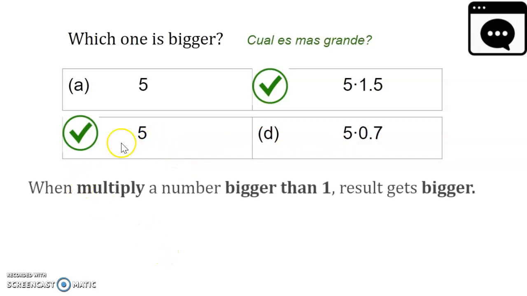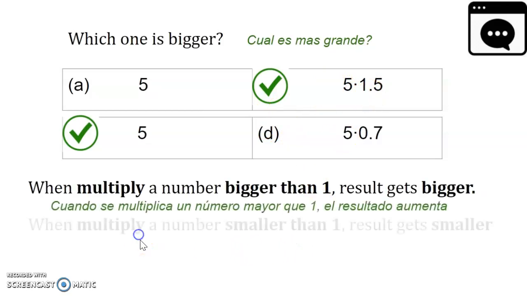Okay, so this should basically tell you that if you multiply a number by a number that is bigger than 1, like 1.5, the number is going to get bigger.